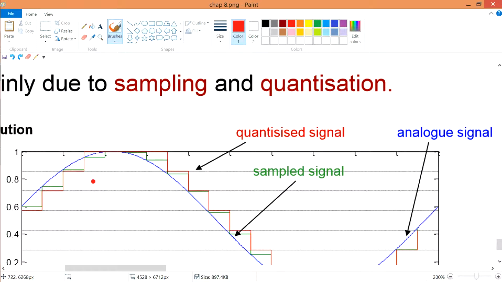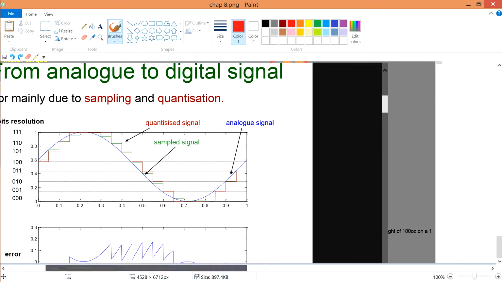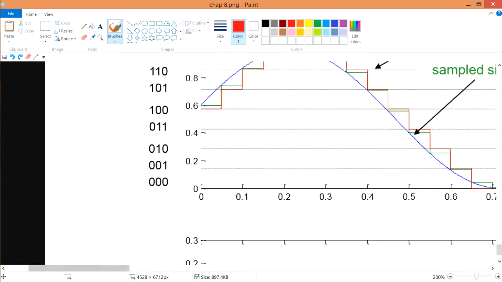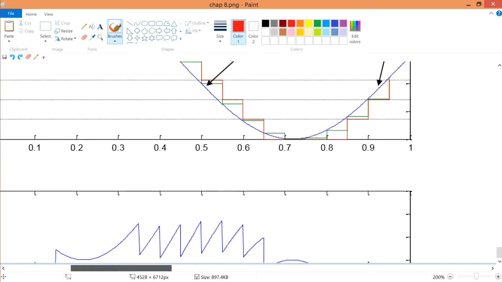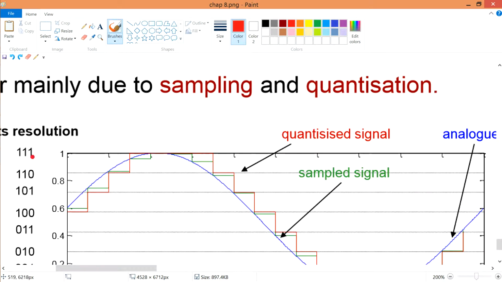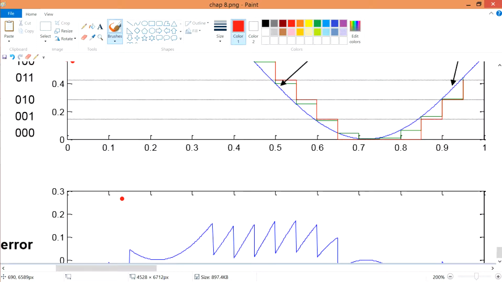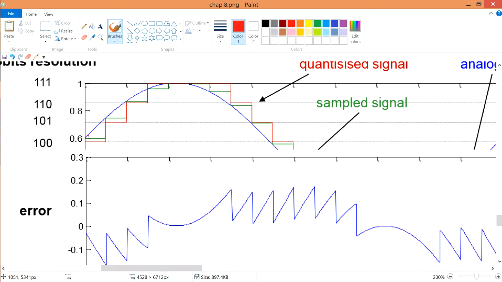So the error between the analog and the discretized one: if you take the analog minus away the digital one, at this particular point they are the same, so the errors aren't very different.